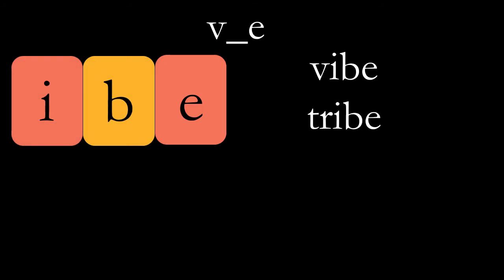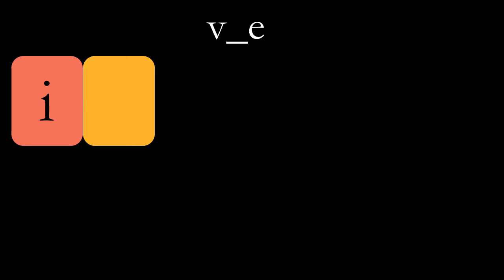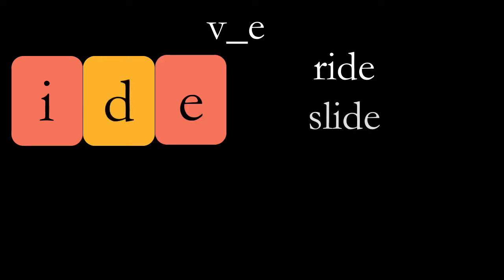Okay, so in Unit 6, we've learned that ib, the closed syllable ib, when it gets that magic E, becomes ibe, like vibe and tribe. Id becomes ide, like ride and slide.